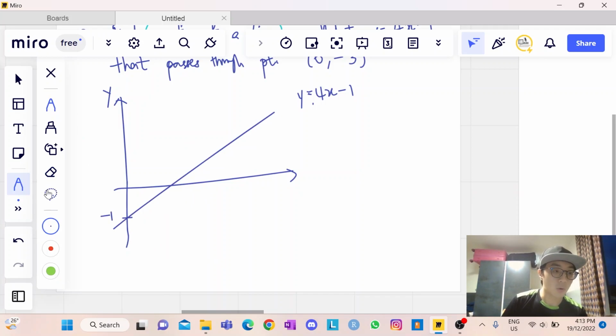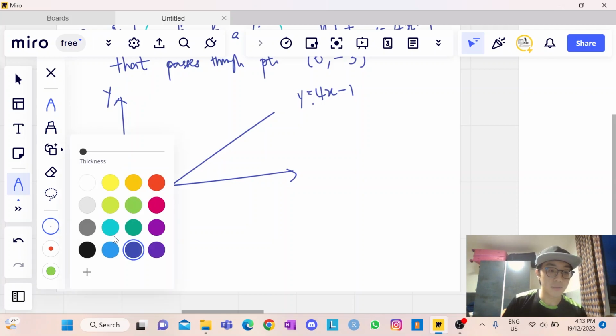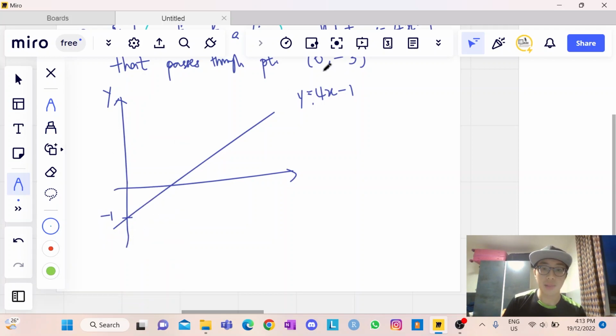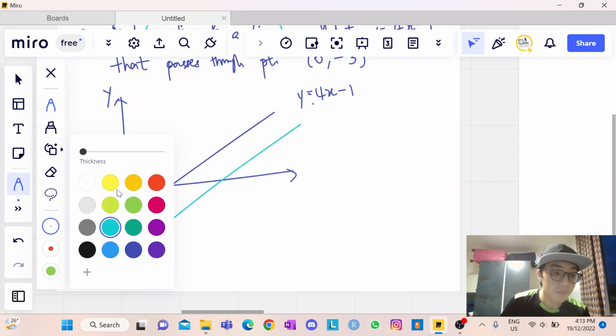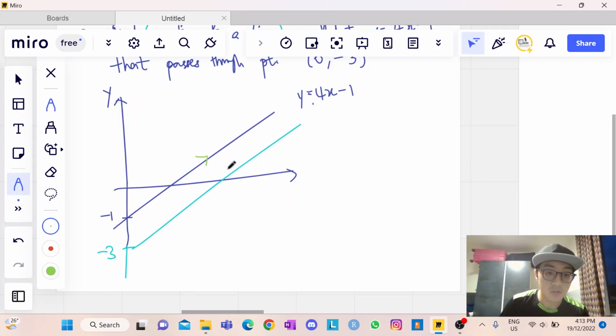Now they want you to look for another line that passes through 0 and negative 3. So 0 is the x coordinate, and negative 3 is the y. Which means you need to pass through here, and the line must be parallel to this line, such that these two are parallel.